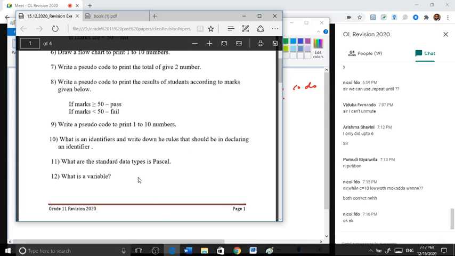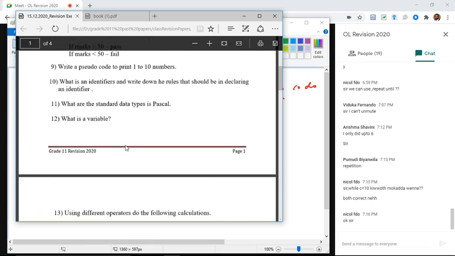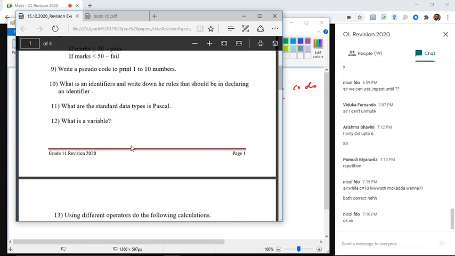We are moving to the next one. What is an identifier? Now this is going to be given to the class to read, so prepare the answers properly.